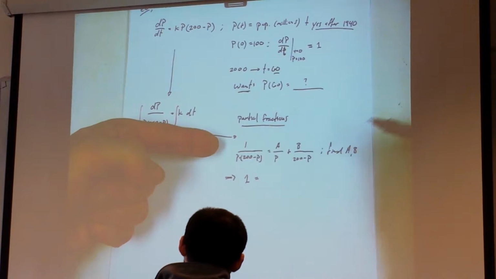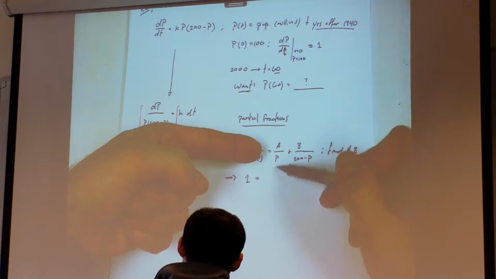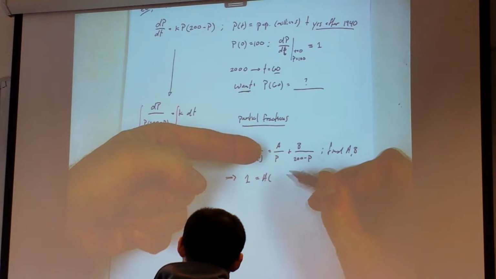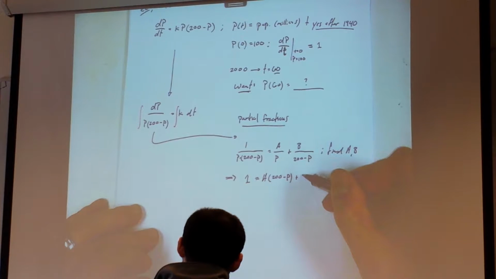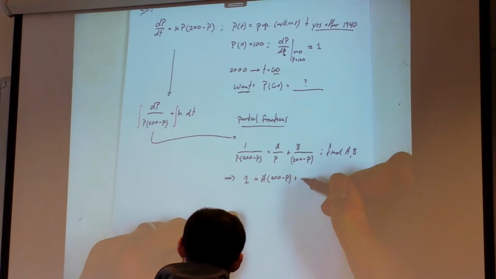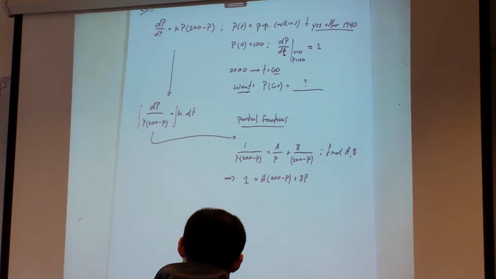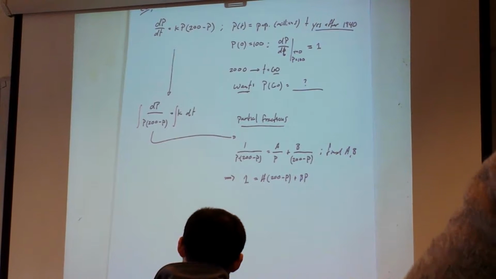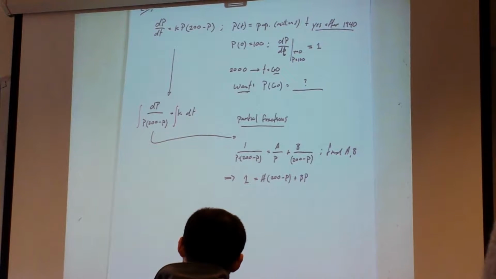I get 1, that numerator. On the right, the P's are going to cancel out, so I'm going to have A times (200 minus P), plus, and the 200 minus P is going to cancel with the 200 minus P, I'm going to have B times P. Okay? So let's keep our eye on the prize. What are we after? We want to find A and B that make this true.